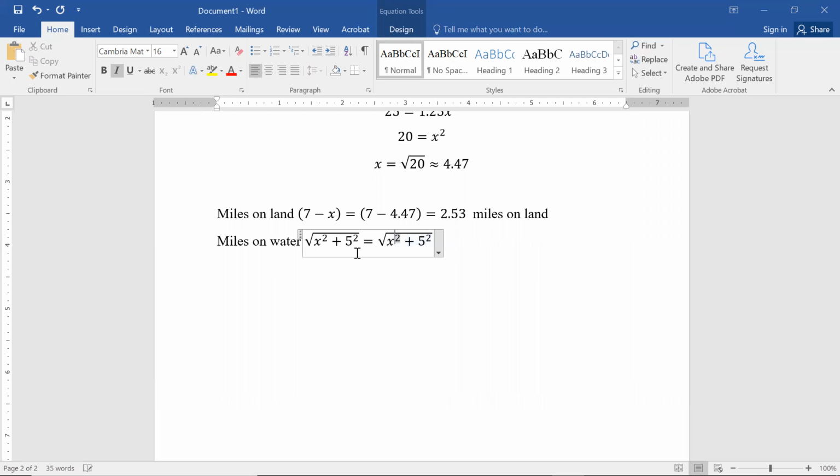Well, let me replace the x with the square root of 20. There we go. 5 squared is 25. Square root of 20 squared is just 20. So that becomes the square root of 45, which is approximately 6.71.